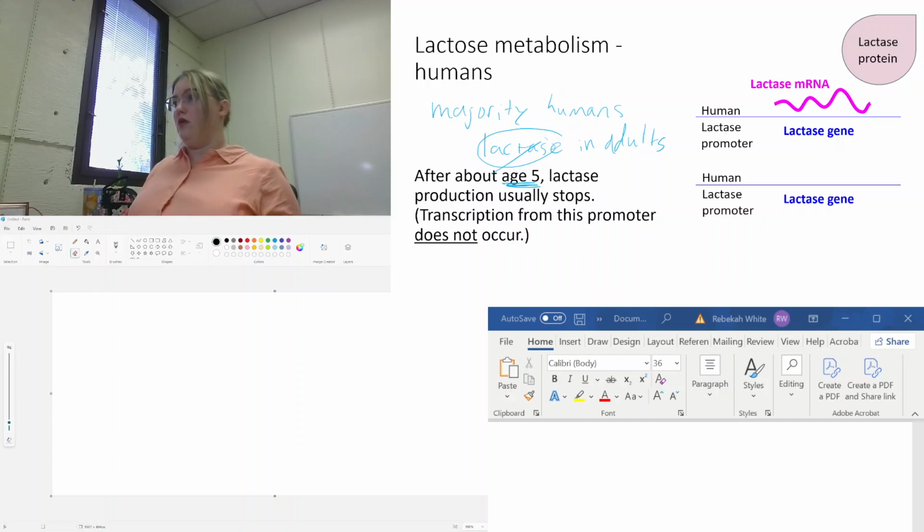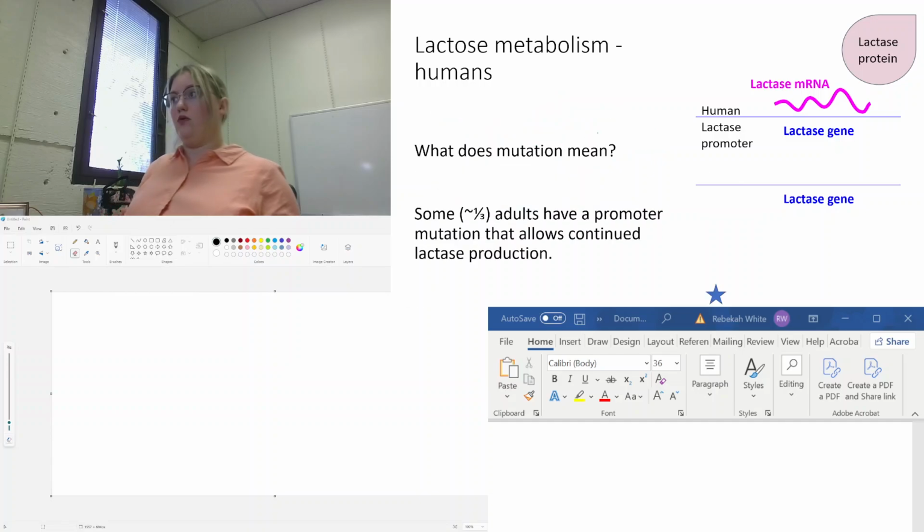However, sometimes we have a mutation. And what is a mutation? A mutation is an altered version of a gene.